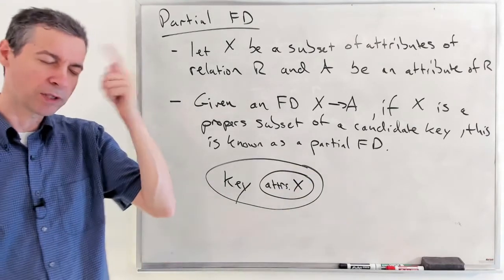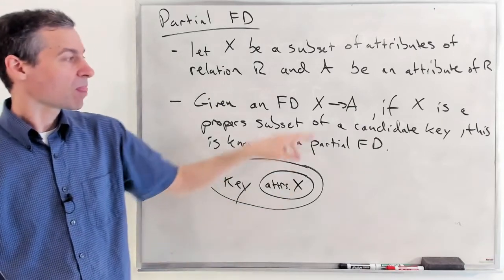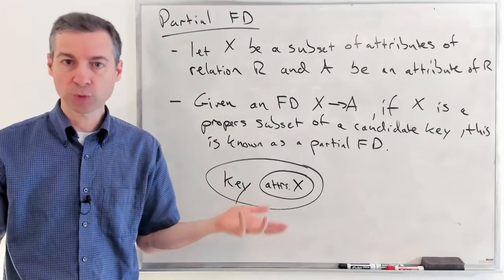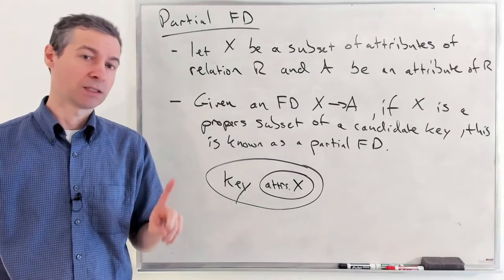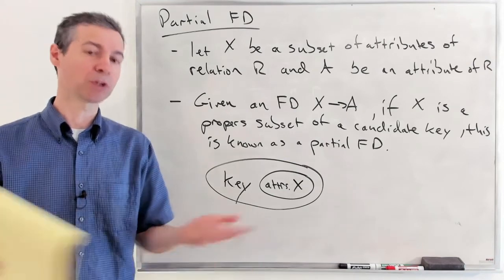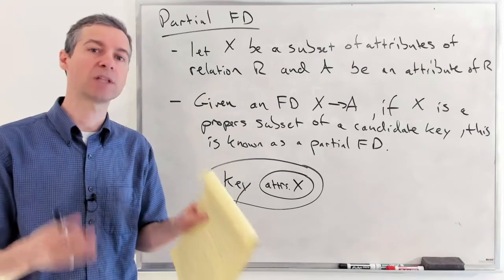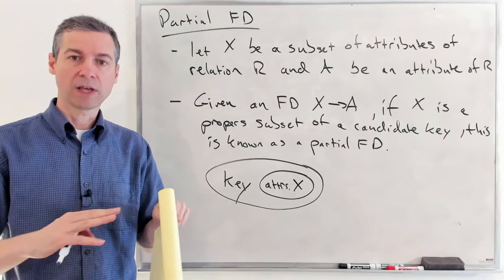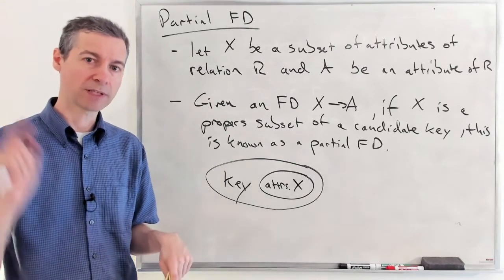And you might ask, what is a candidate key? We have super keys, candidate keys, and primary keys. A super key is any set of columns or attributes that can uniquely identify the rows in our table, but it's not a minimal key. In other words, there's some column or columns in a super key that we could remove and still be able to uniquely identify the row in the table. If we have a key that we cannot remove any of the columns from and still identify a row, that is a candidate key.